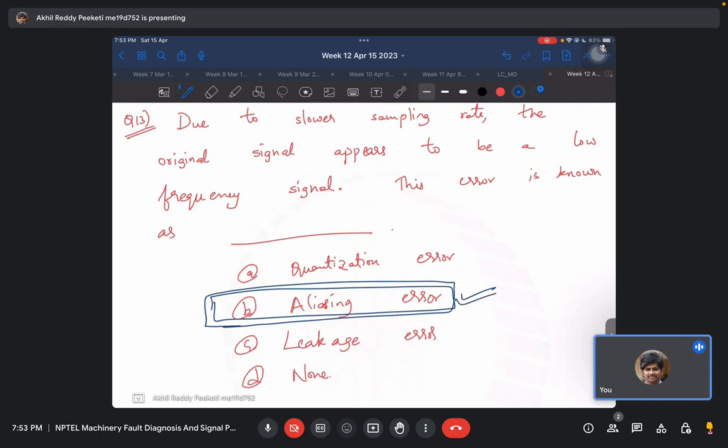Okay, quantization error, as we discussed earlier, is due to the analog to digital conversion, and leakage error happens when, because of the signal connection in between, there might be sudden jumps or differences based on the window of data collection. When you are recognizing a high frequency signal as a low frequency signal, then that error is the aliasing error.